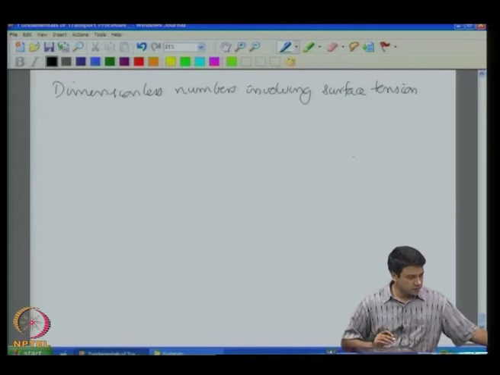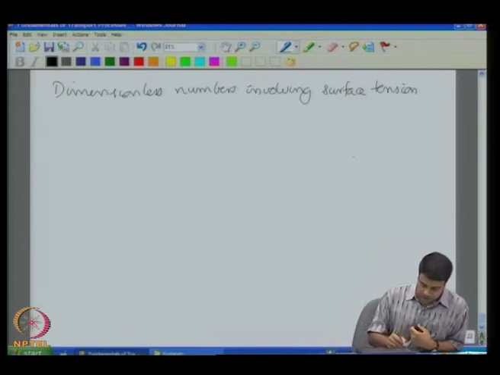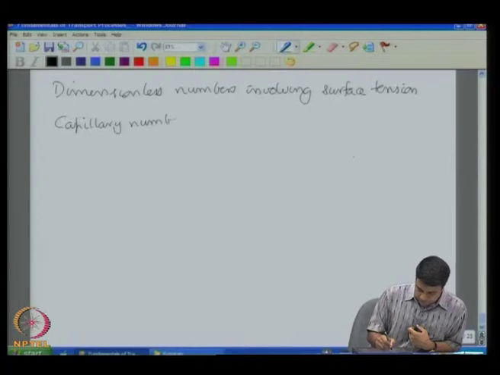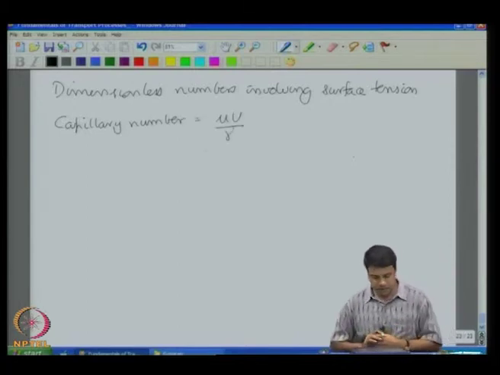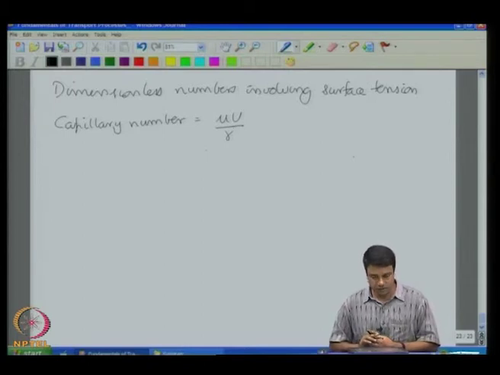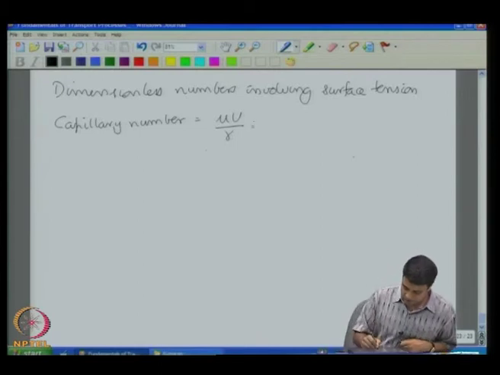So, the dimensionless numbers that involve surface tension are called the capillary number and the Weber number. The capillary number is written as mu u by gamma, where gamma is the surface tension, mu is the viscosity and u is the characteristic velocity. So, this is the ratio of viscosity divided by surface tension.